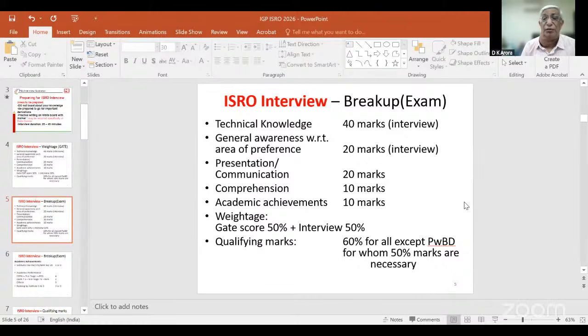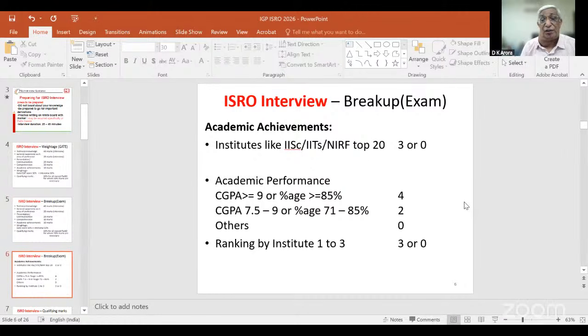Breakup is given, it's the same one. The 10 marks breakup for the academic achievements. If you are from the top 20 NIRF ranking institutes, then you get 3 marks. Or if you are from IITs or from ISC, you get 3 marks, otherwise 0. Academic performance, if your CGPA is 9 or above, or percentage is 85% or above, then you get 4 marks. If your CGPA is between 7.5 and 9 or percentage is between 71 and 85, you get 2.